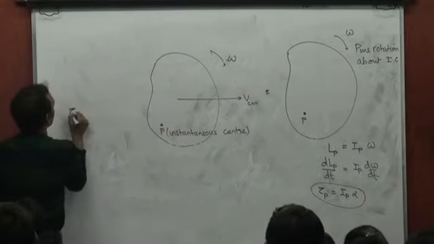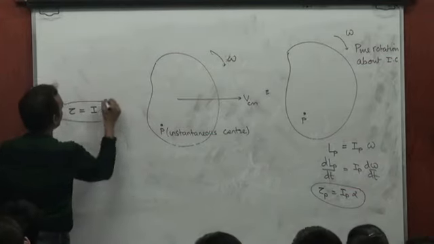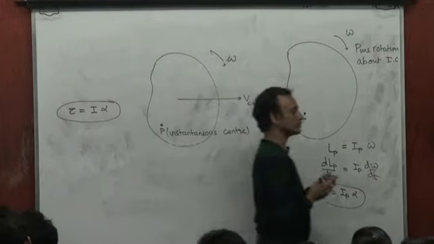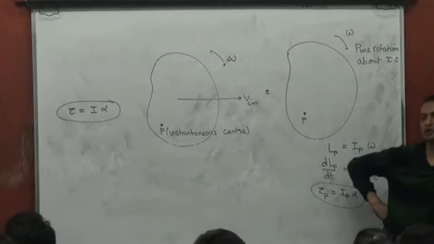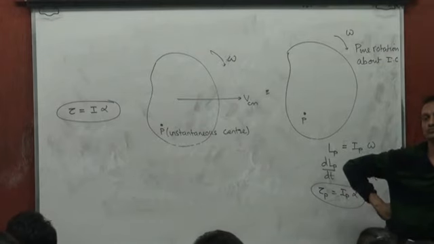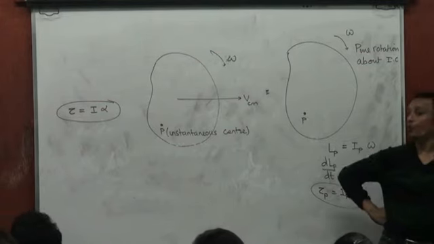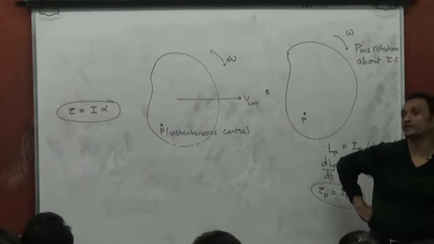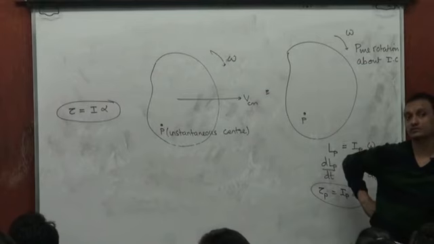The equation tau equal to I alpha in general rigid body motion can be applied only about 2 points.